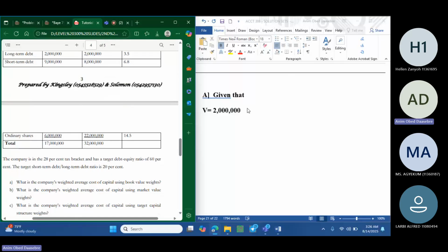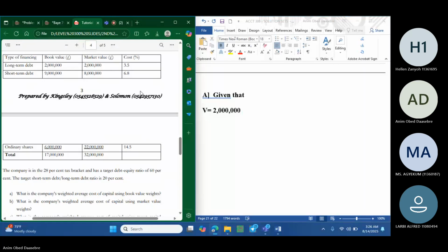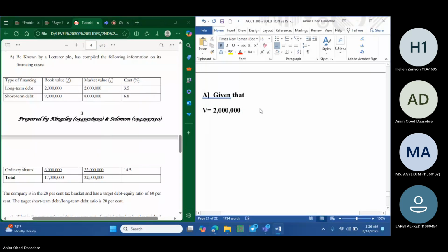You are using book value. So what's the equity? Equity is 6 million.